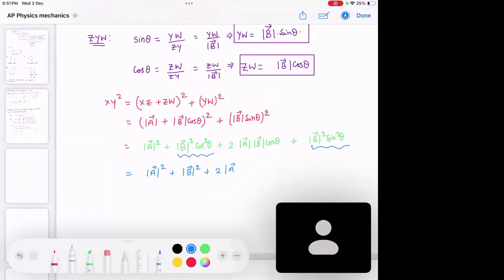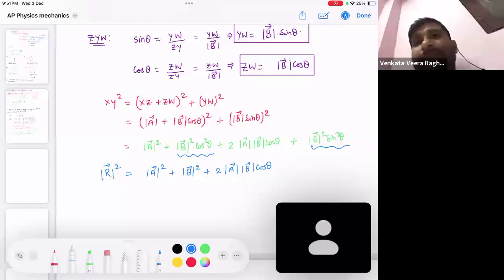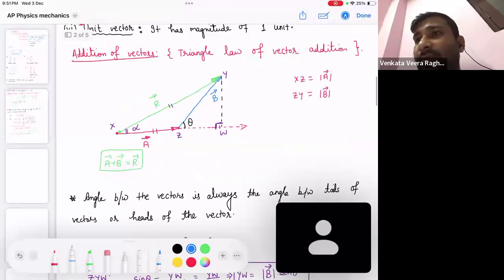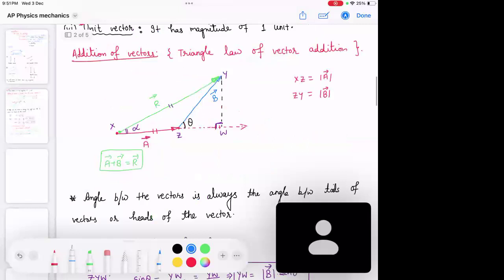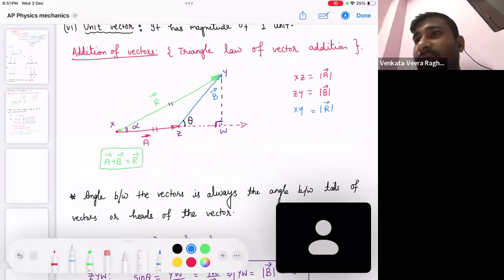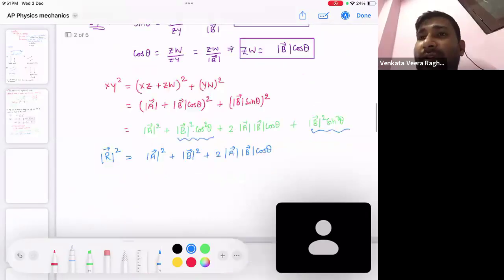Plus 2 times mod A, mod B, cos theta. And can I write it? This is nothing but the magnitude of the resultant vector squared. What is XY here in the diagram? XY is representing the resultant vector.